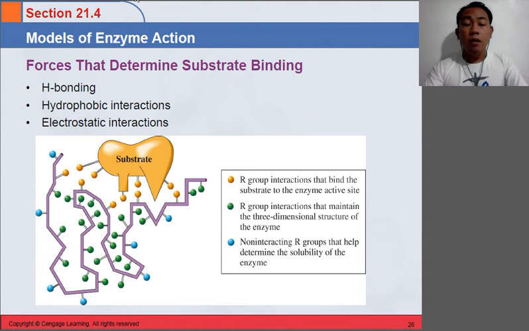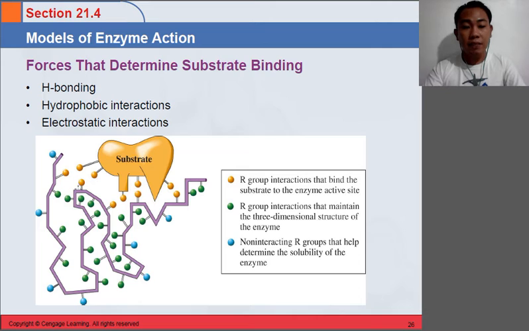And now, what are the forces that determine substrate binding? We have the hydrogen bond, the hydrophobic interaction, and the electrostatic interactions. So notice in this illustration, the color yellow here shows the R group interactions that bind the substrate to the enzyme active site.